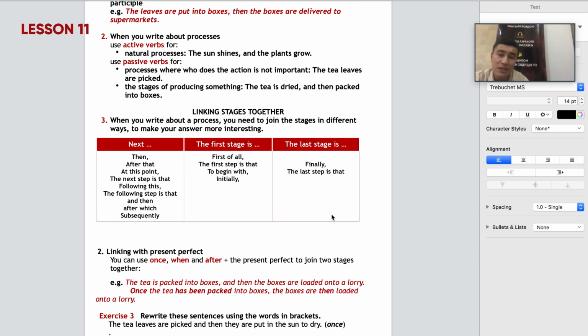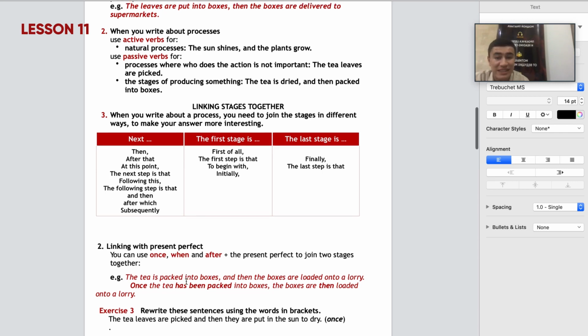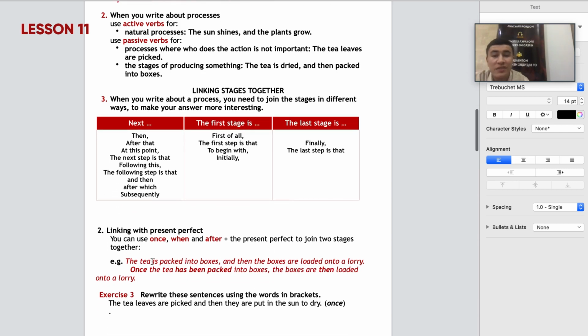Another way of linking two stages can be present perfect. You can use present perfect to join two stages into one sentence. You can use once, when, and after, and of course the present perfect to join two stages together. Consider this example here. The tea is packed into boxes and then the boxes are loaded onto a lorry.